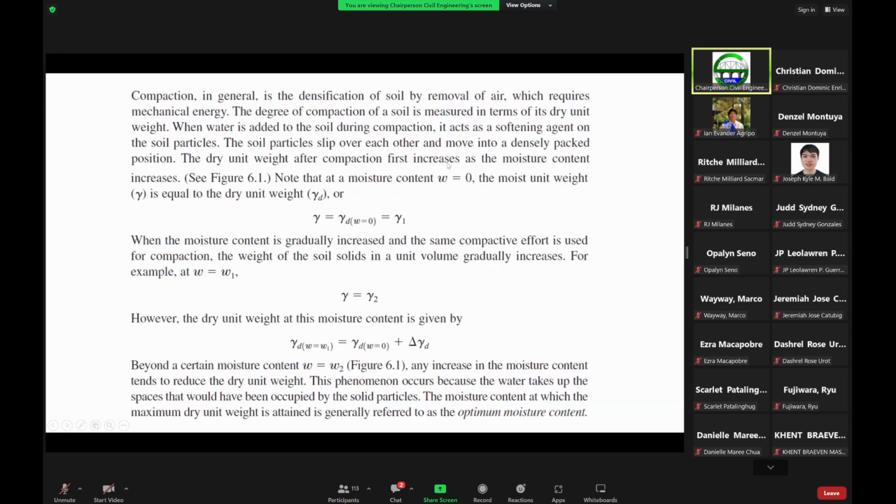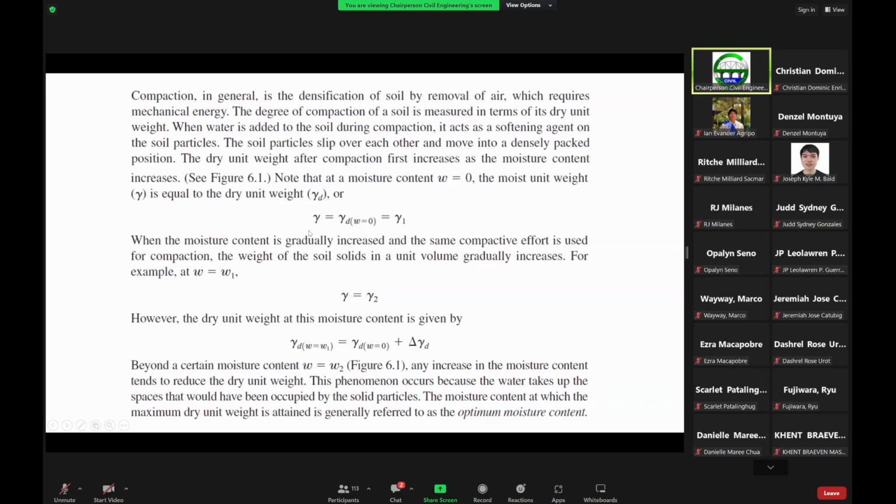At the moisture content equal to 0, the moist unit weight, wherein when you say moist, there's some degree of saturation in it, will be equal to the dry unit weight, gamma sub d, with this corresponding equation here, which is now your gamma sub 1.